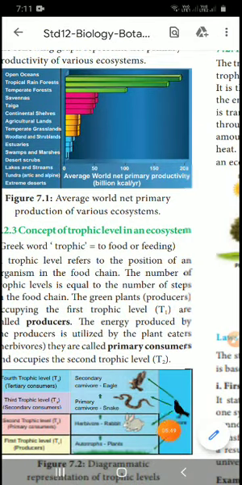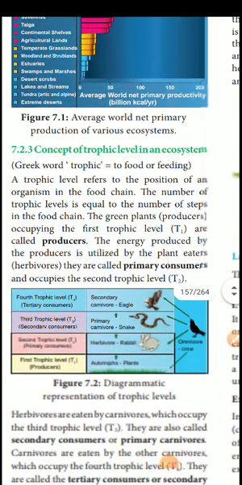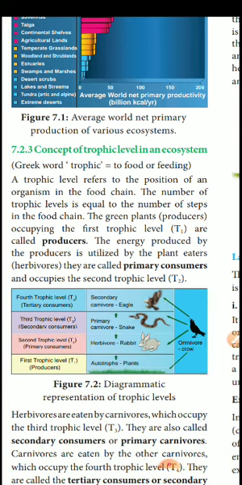Next, the concept of trophic levels in the ecosystem. Trophic level refers to the position of an organism in the food chain, and the number of organisms in the food chain; the trophic level is equal to the steps of the food chain. This is easy, it's from lower classes. We are the producers, so the first trophic level is producer.